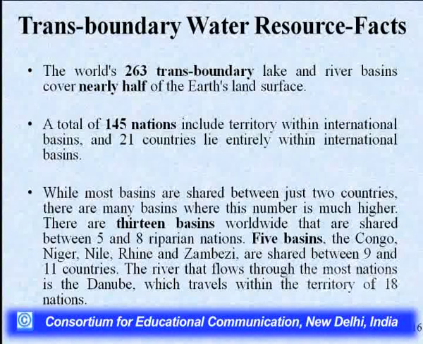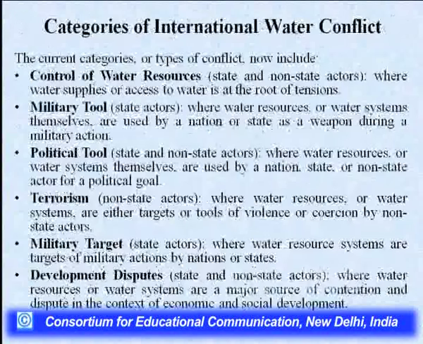There are 5 basins in the world which are shared between 9 to 11 riparian nations, like the Congo, Nile, Niger, Rhine and Zambezi rivers. The river shared by the most countries is the Danube, which is shared between 18 countries in the European region.